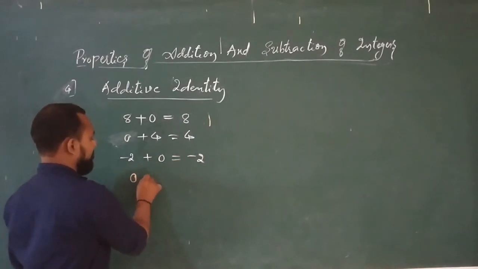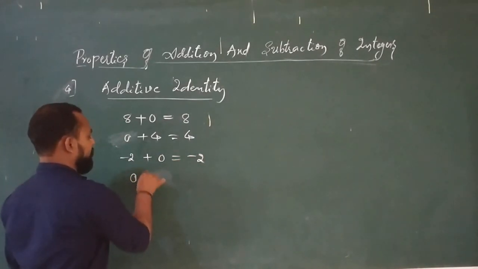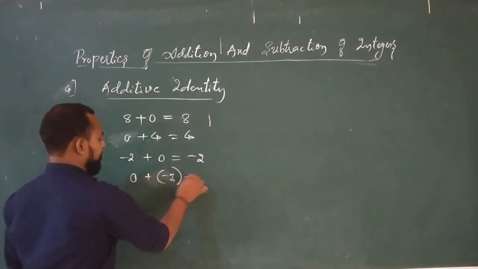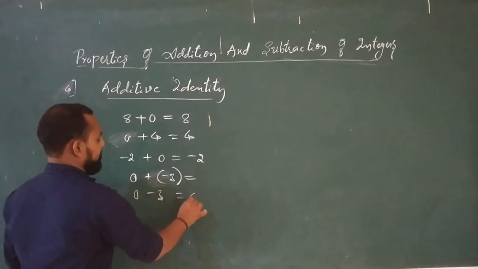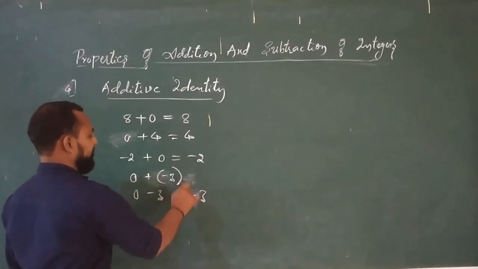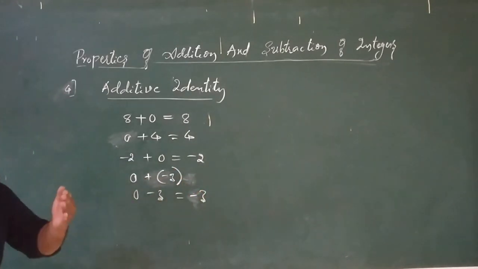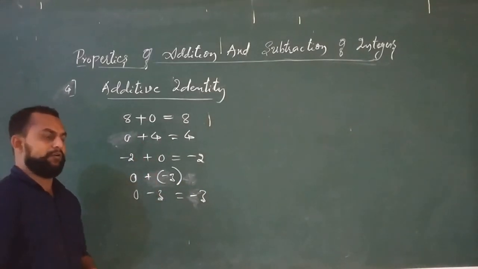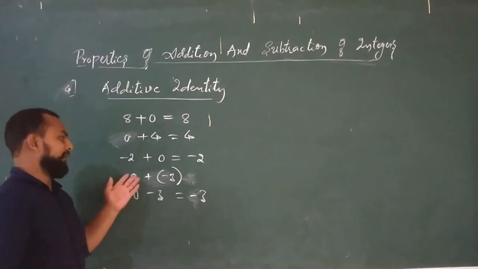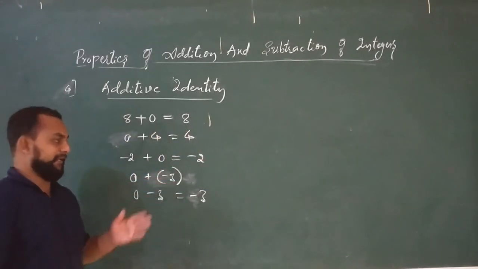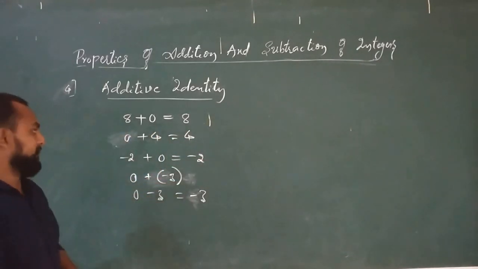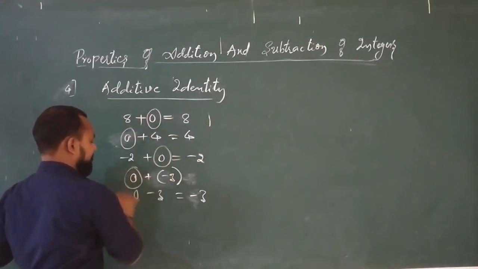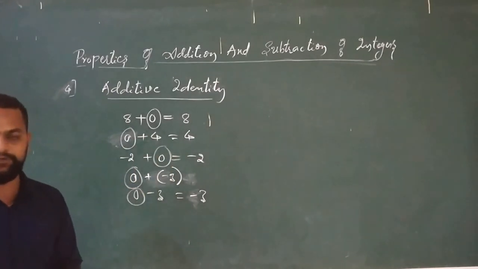Then 0 plus of minus 3 is minus 3. When we add a 0 to any whole number or any integer, then we get the same value. Therefore 0 is an additive identity.